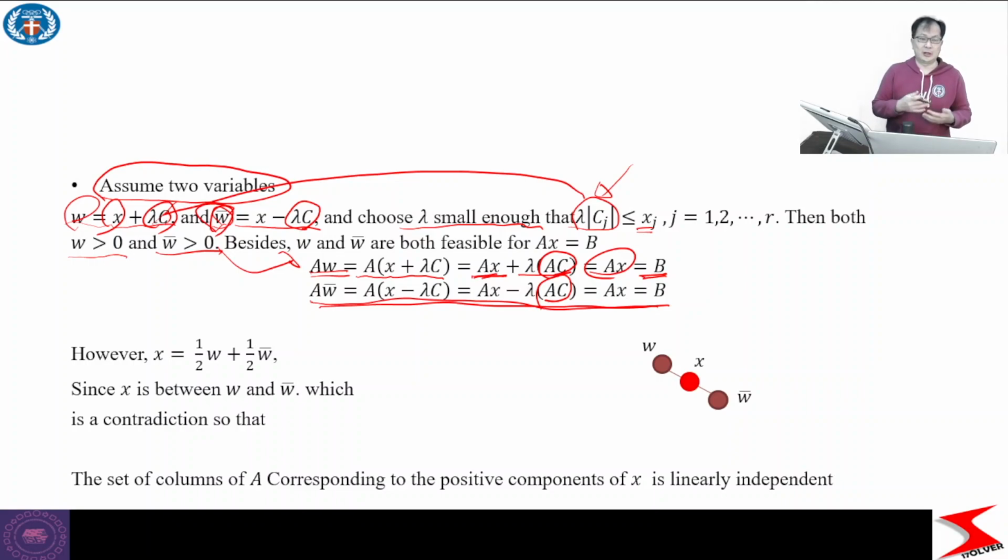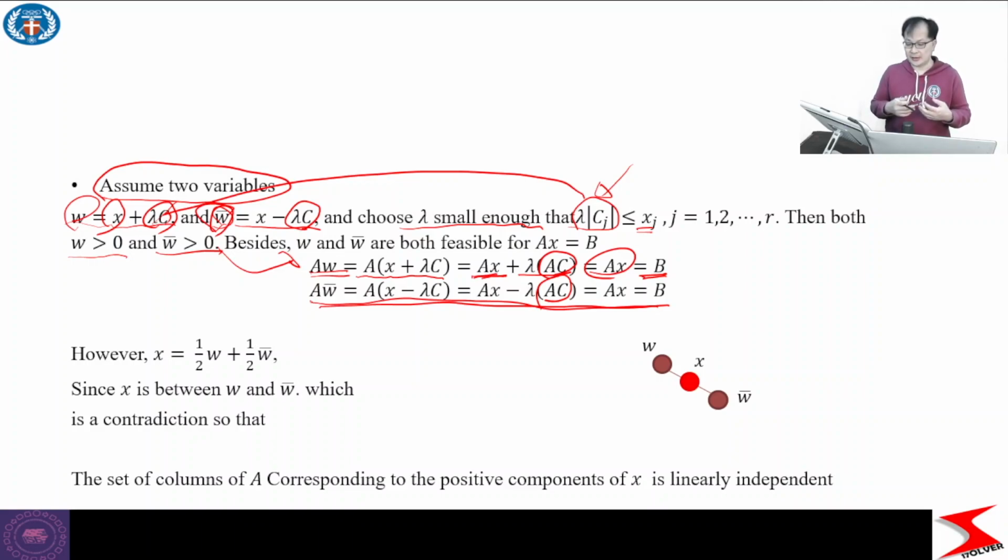So if X is a feasible solution for the system of equations, then W and W bar are also solutions for the system of equations.